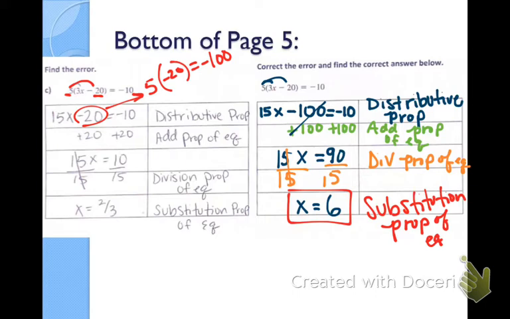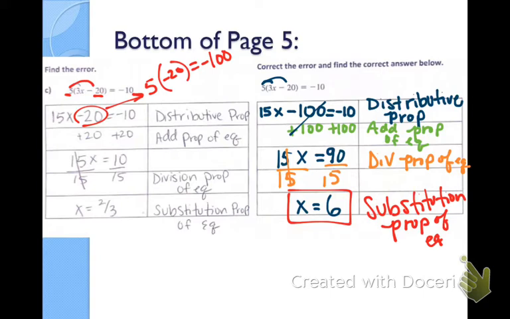You can always check to see if they did more wrong. Then they added 20, okay, which would have been correct because minus plus. Then they divided, which would have been correct. Then they had the substitution property. So everything else was correct. They just made the mistake in the first step.